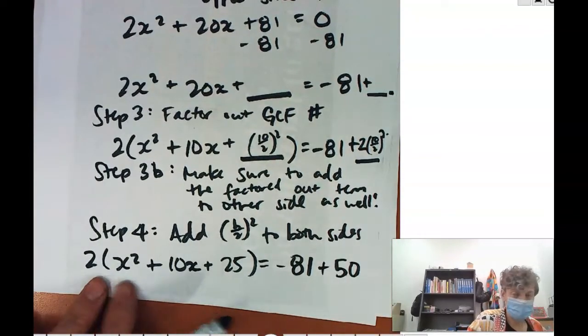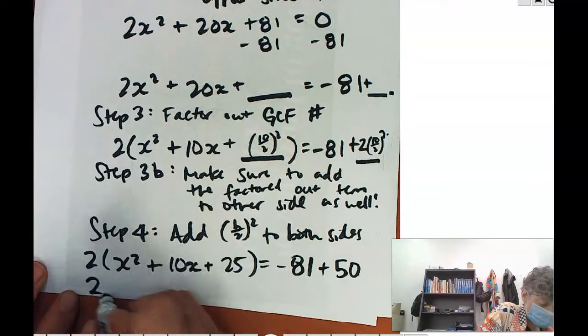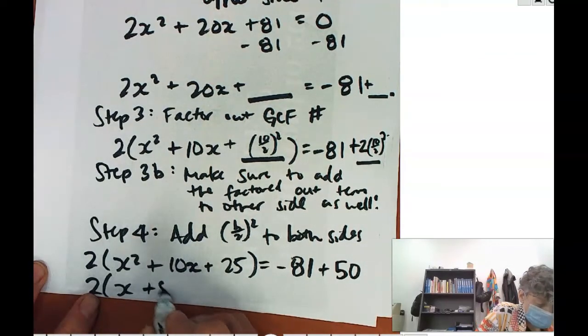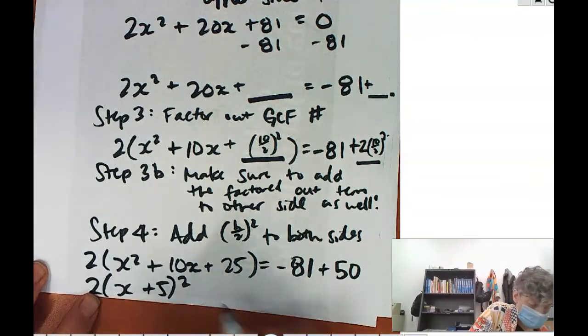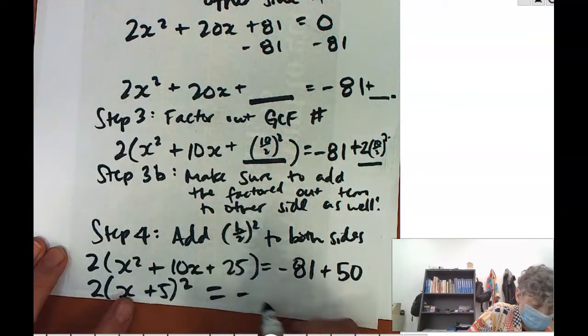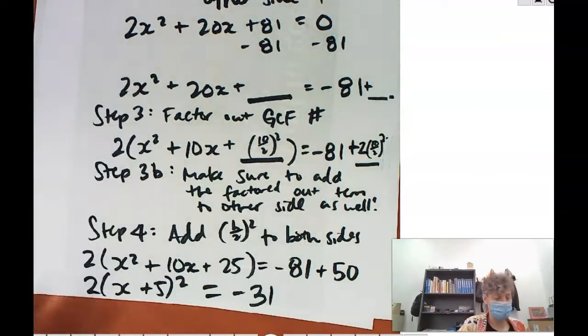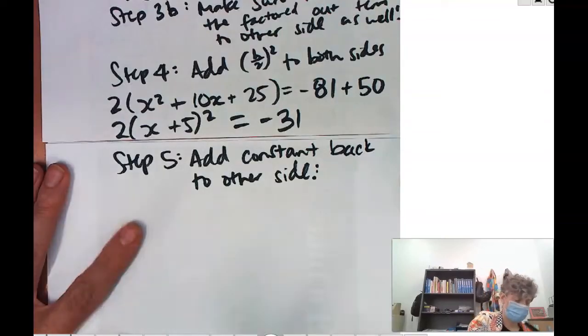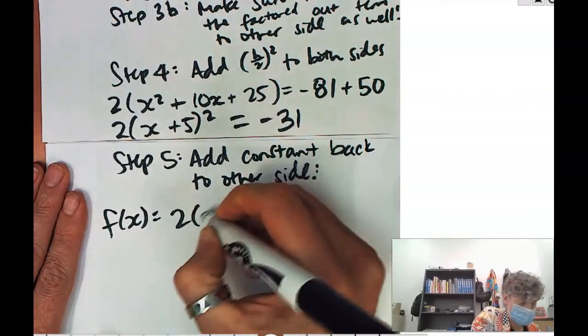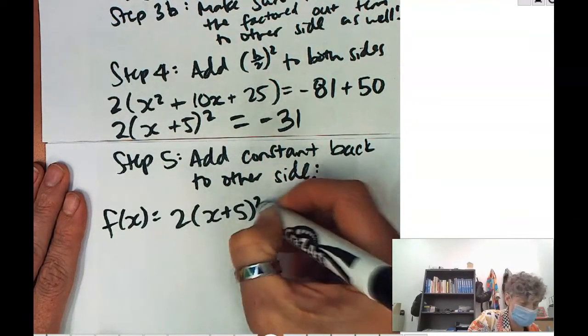And now we can factor this perfect square trinomial. It's going to be (x plus 5) squared equals negative 1 plus 50 is negative 31. And we'll add this term back over to the other side. That constant back over to the other side, so we've got f of x equals 2 times (x plus 5) squared.